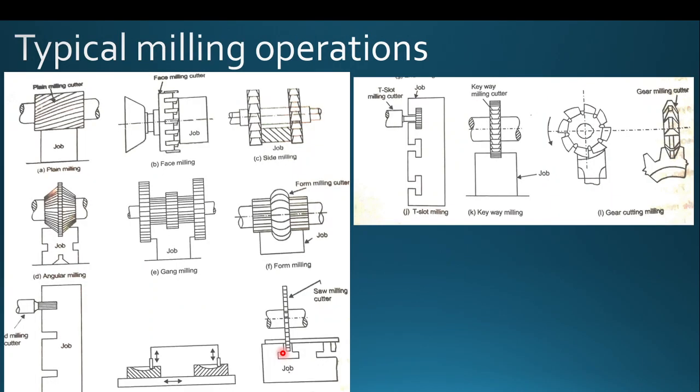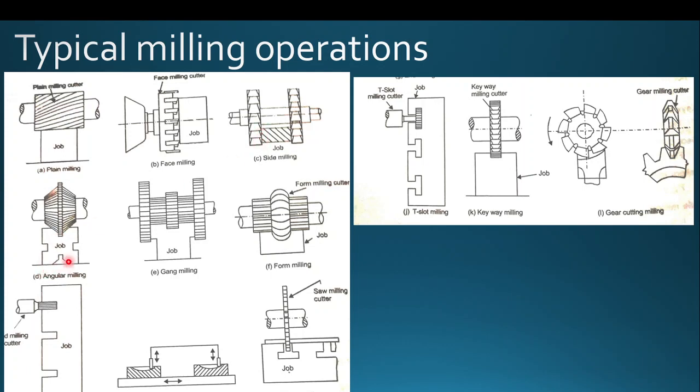And the slide shows you various types of typical milling operations performed by using a milling machine. The first one is plane milling, which is carried out by means of a plane milling cutter, and this is nothing but the face milling performed by a face milling cutter. And this is side milling, so the sides of the workpiece can be machined by using the side surface of the milling cutter.